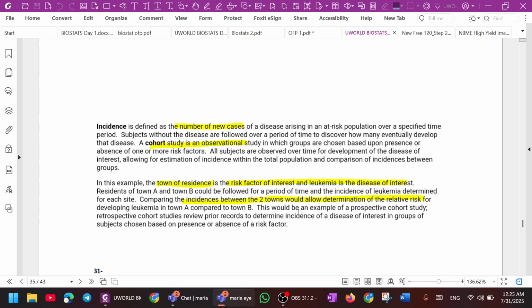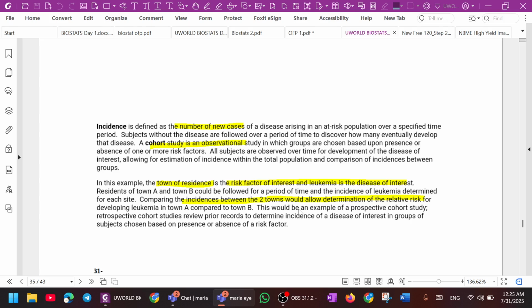In this example, the town of residence is the risk factor of interest, and leukemia is the disease of interest. Residents of town A and town B would be followed for a period of time.